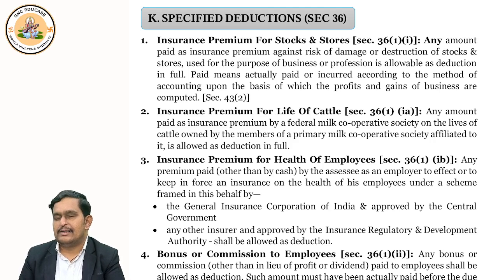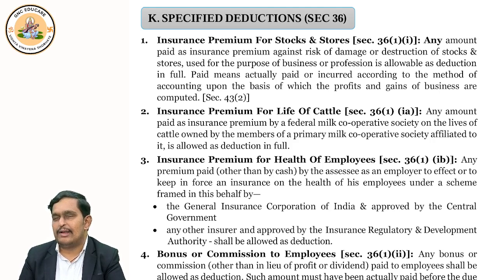You may think, let me take insurance so that if any such contingency happens, I will be protected and able to claim insurance compensation. So you insure the stock. For that, you pay a premium. We call it insurance premium. That insurance premium is allowed as deduction.